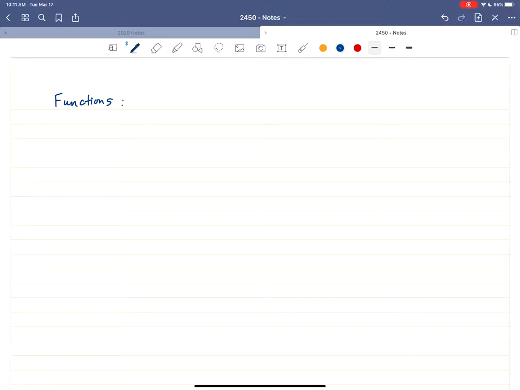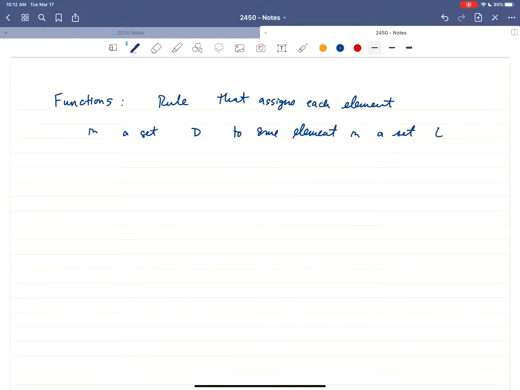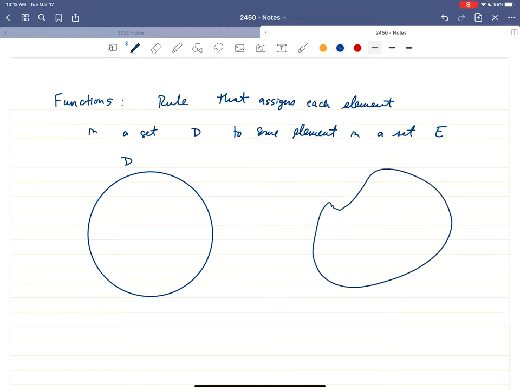When I say a function, what I really mean is a rule, and this is a rule that's going to assign each element in a set D to some element in some other set, say E. So we're going to have some starting set, let's call it D, and then some other set which we call E.